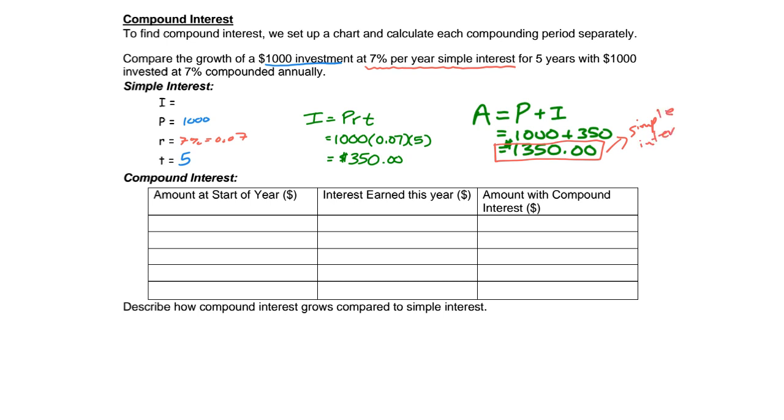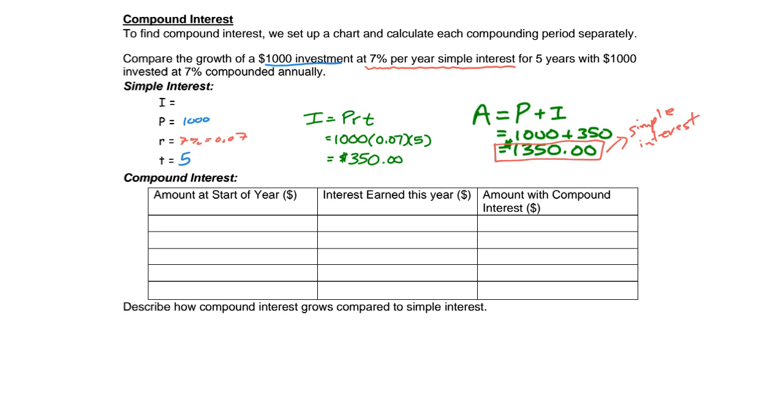Okay? Now, having taken the time to calculate the simple interest, we're going to see what happens when we apply compound interest. So remember what I told you. We're going to see what happens over 5 years when we compound our money every year.